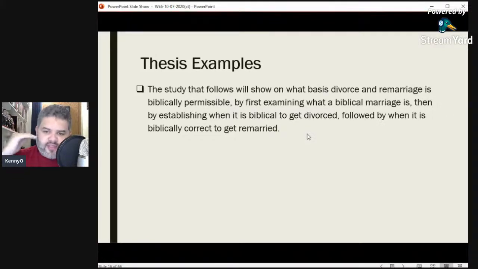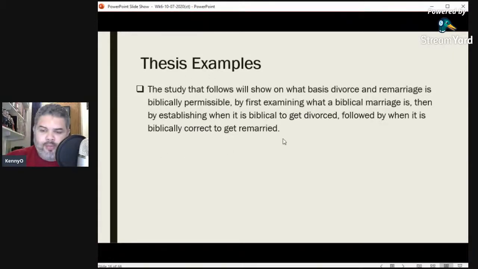The study that follows will show on what basis divorce and remarriage is biblically permissible. In fact, their thesis statement could have probably ended right there, and it would have been good. As part of the class we talked about marriage and family, and divorce and remarriage, and this paper was all about divorce and remarriage, and it was really good. I think this was one of the few A+ papers that I gave in this class.